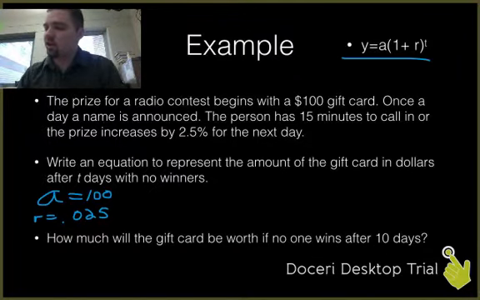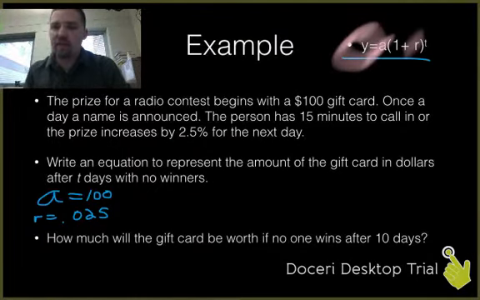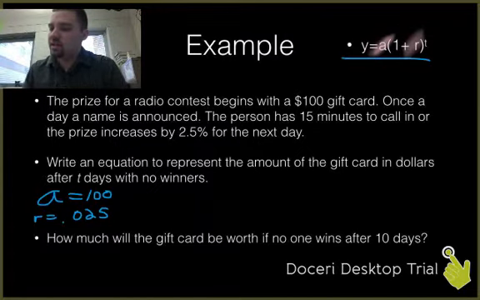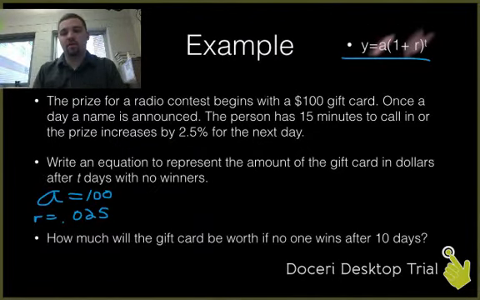If I'm checking off things in my formula, I've got A, that's great. I've got R, that's good. And then Y, I usually leave that as Y. And T, I want to leave as T, because this is going to be a function where we could plug in T and figure out what Y is.